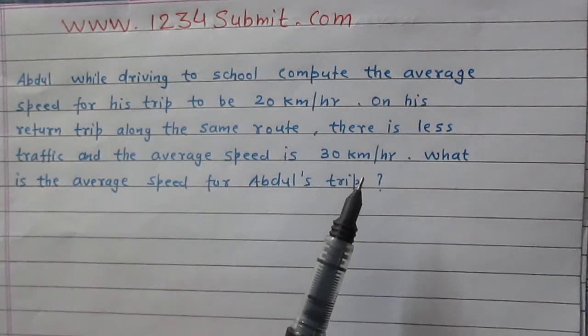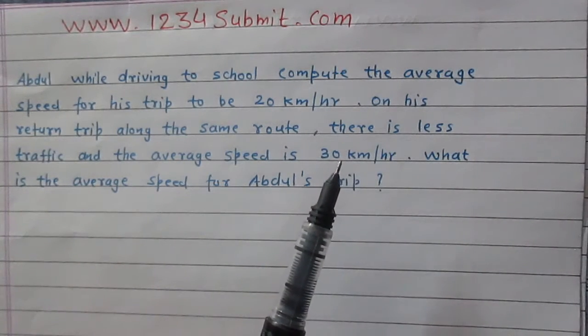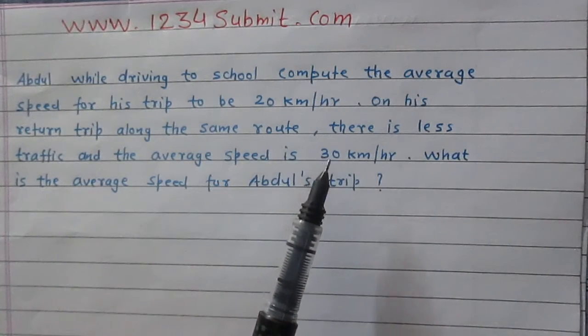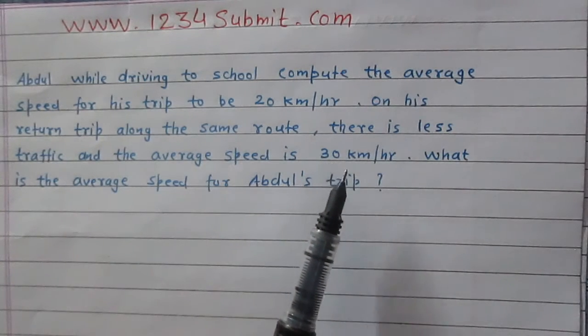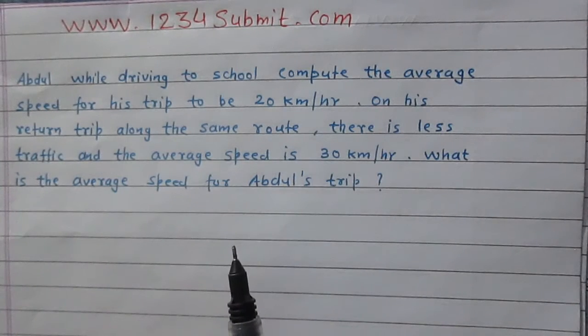So for going to school, the average speed was 20 km per hour, and on the return trip the average speed was 30 km per hour, and we are to find the average speed for the entire trip.